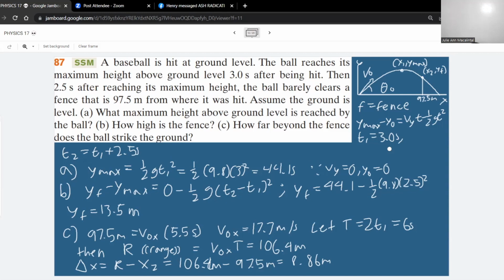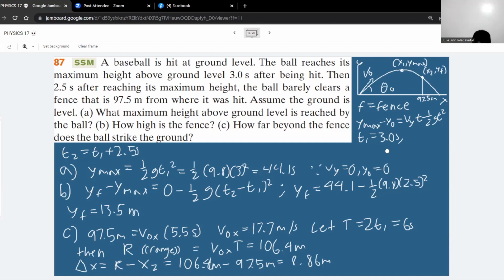Y max equals... teka. Y max equals 1/2. Di ba may initial velocity yung ball, di ba?